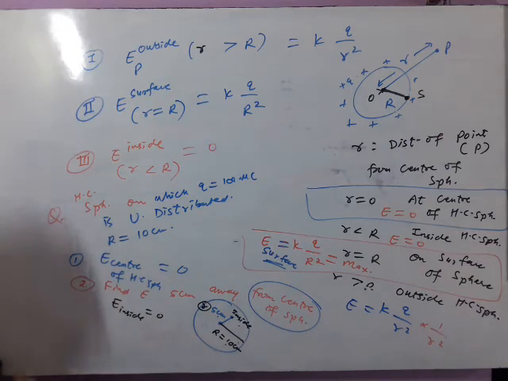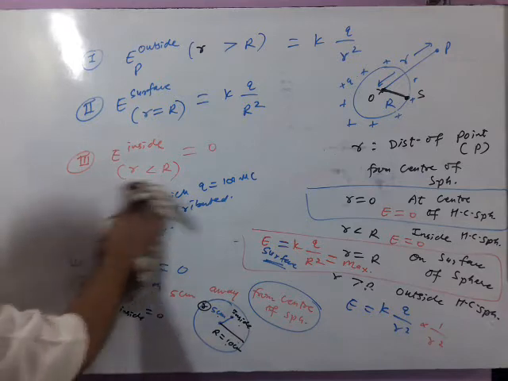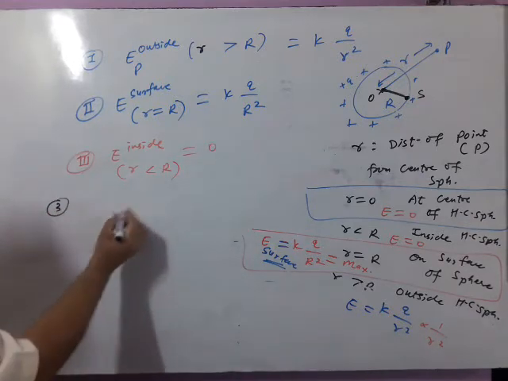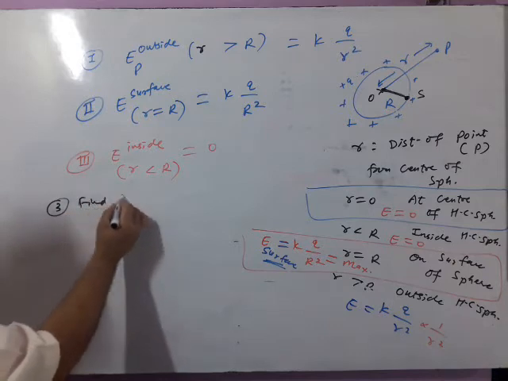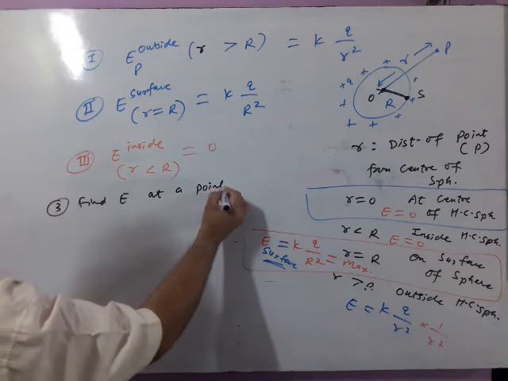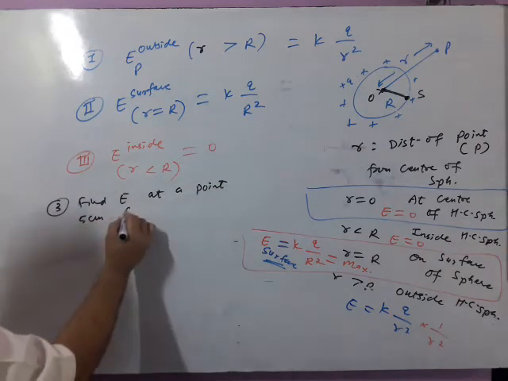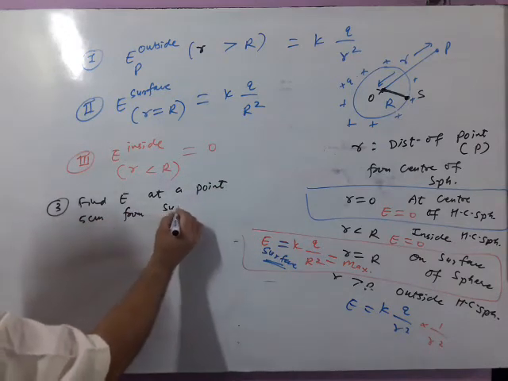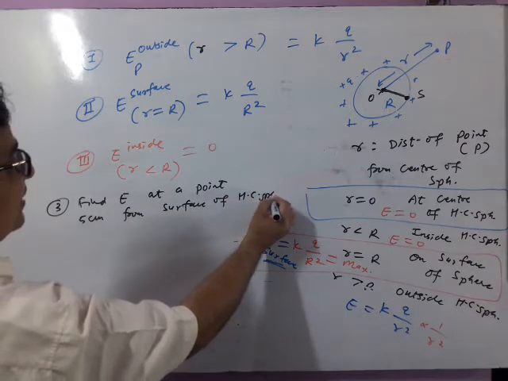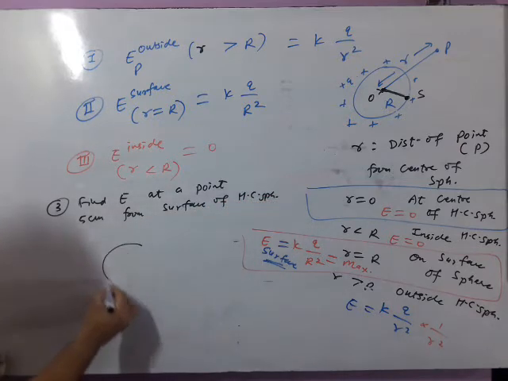If the question is asked like this, same third point: find electric field at a point 5 centimeter from the surface of a hollow conducting sphere. Now see, the question is changed.